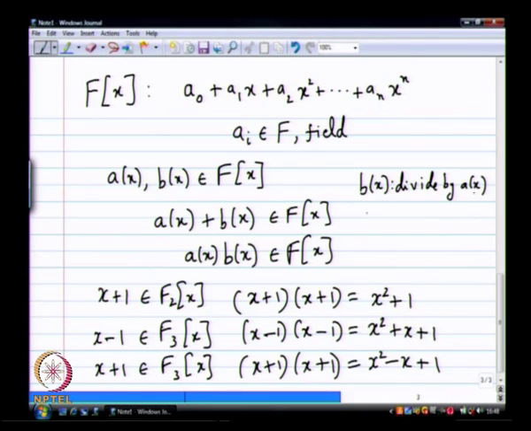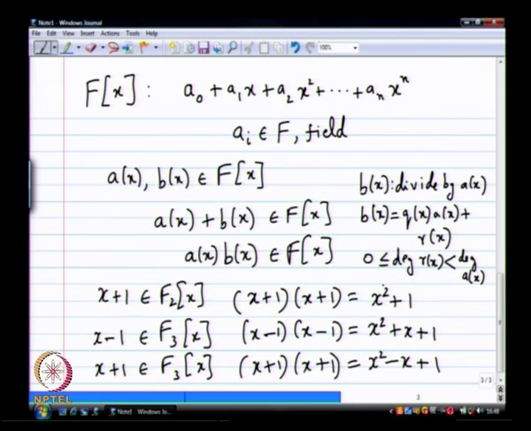When you do that long division, you will get two other polynomials, b of x equals q of x times a of x plus r of x. q of x is called the quotient, r of x is called the remainder. What is the important property? The degree of r of x is between 0 and less than the degree of a of x.